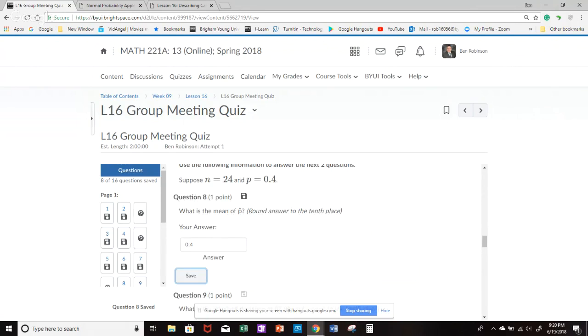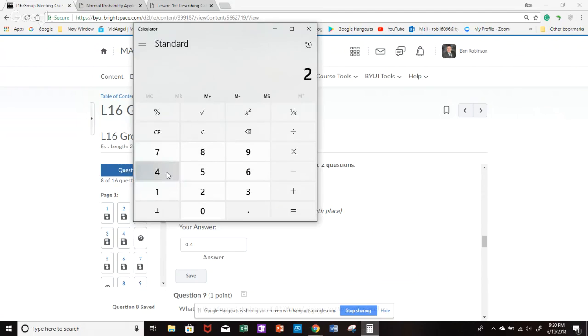So we're trying to find the standard deviation of p hat. So that would be p, 0.4, times 0.6, divided by... what are we doing here? It's the square root, right?